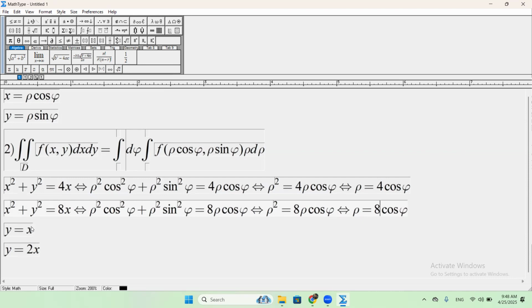And what about phi? So y equals x, it means that rho cosine of phi equals rho sine of phi. We can divide both parts by rho, we cannot divide by 0, of course. We can divide by rho because we know that it's not 0.